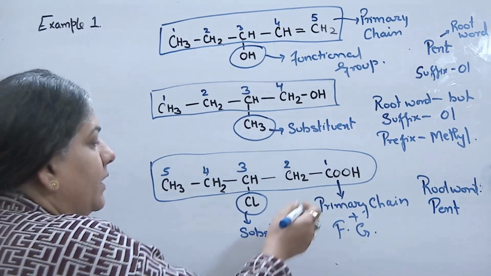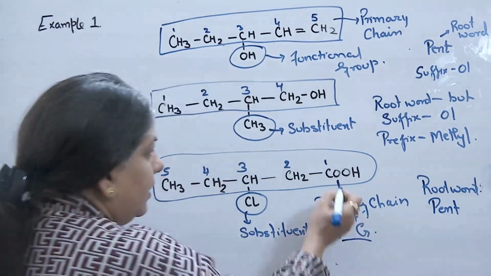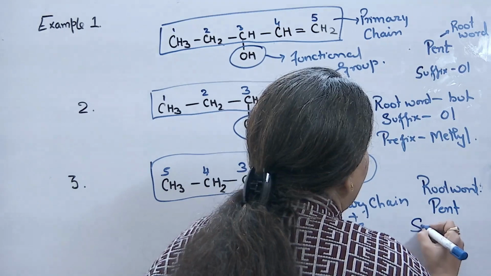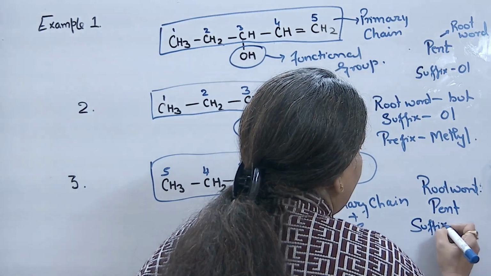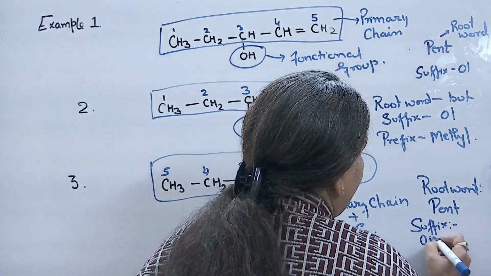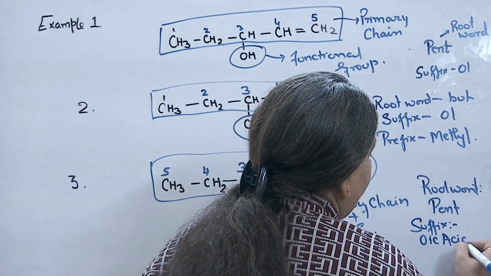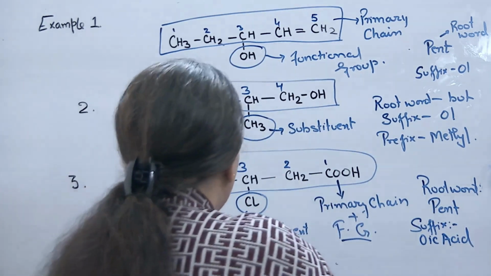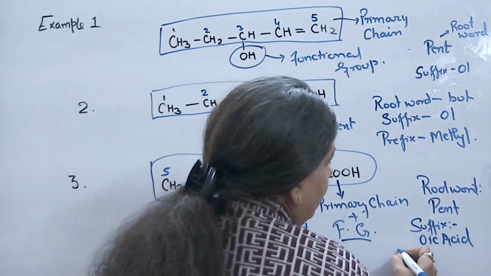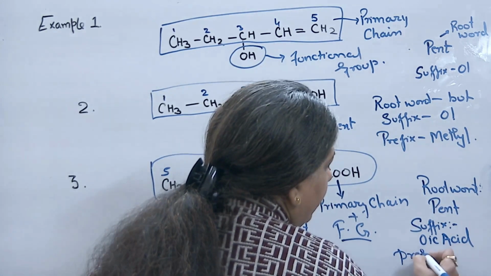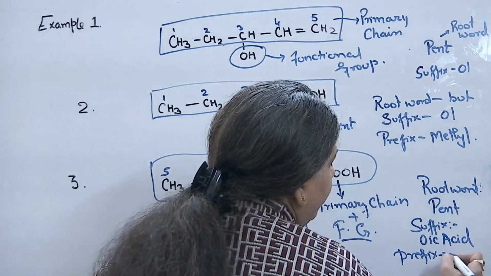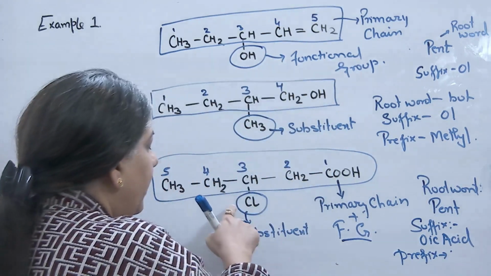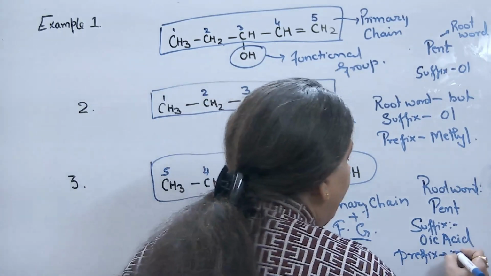Functional group is carboxylic acid, so the suffix will be oic acid. And the substituent is halo, so the prefix will have the word halo, that is chloro, bromo. So here in this case the prefix will be chloro.